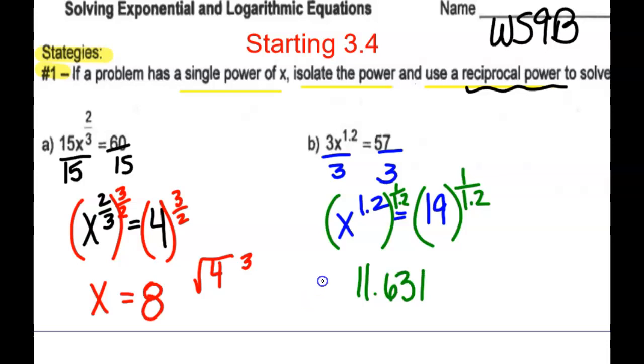Now, could you guys go back to the beginning real quick and type for me? Do 3 times 11.631 to the 1.2 power and see how close you get to 57. It's like 56 point.